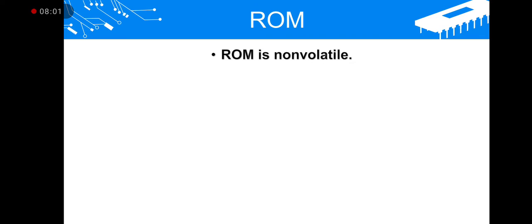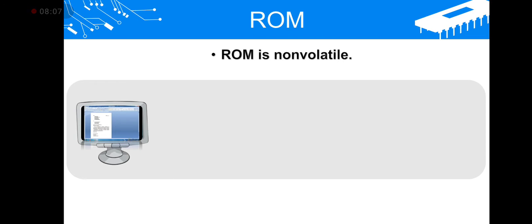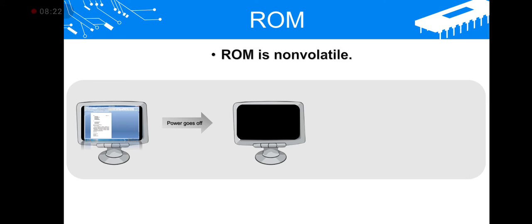Alright, ROM. ROM is non-volatile. Non-volatile means that the data stored or the instruction held in it will be saved permanently. The data or instruction will not be deleted. Let's suppose you're writing a letter and the power goes off.